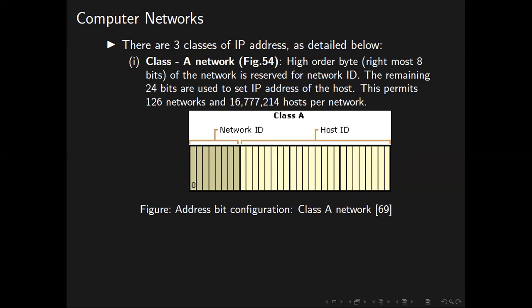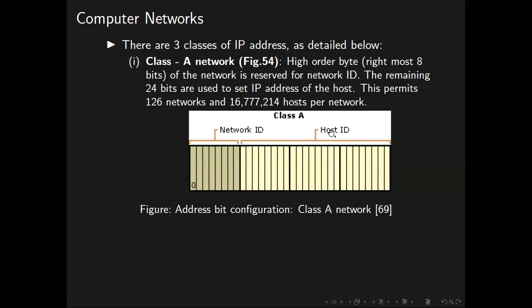At very large levels, we create Class A networks, and the addressing scheme starts with 0 in the first digit. The first 8 bits store the network ID, and the remaining 24 bits, because we have 32 bits in total, will have the host ID.